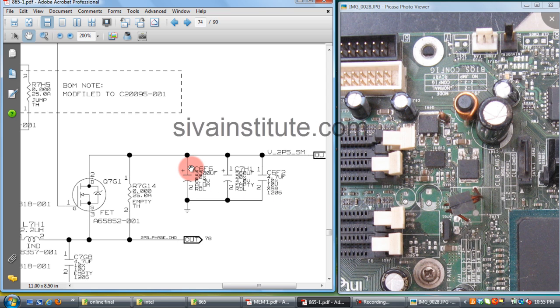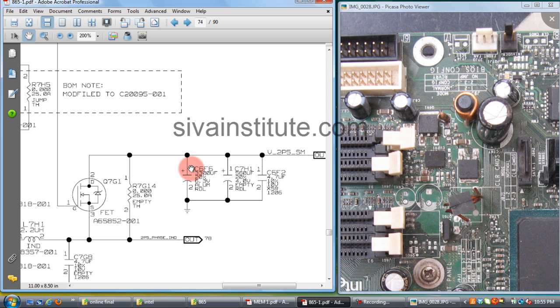This is the coil L7H1. You see here Q7H1. That means Q1 is the transistor number and 7H is the component location finder.